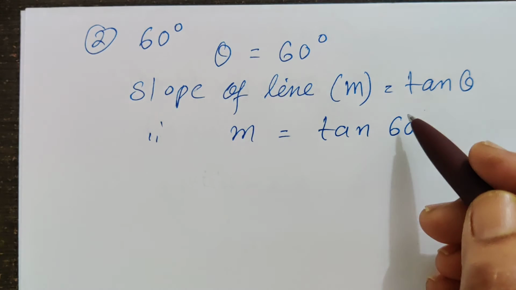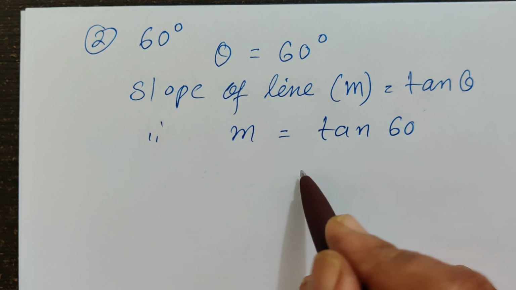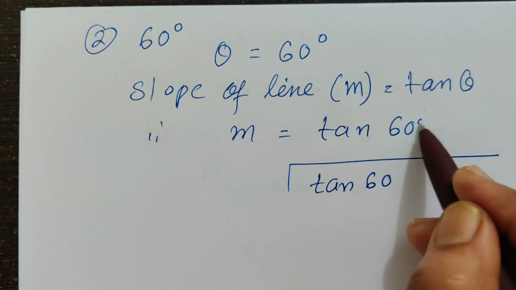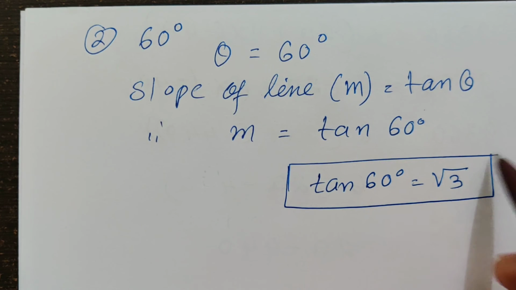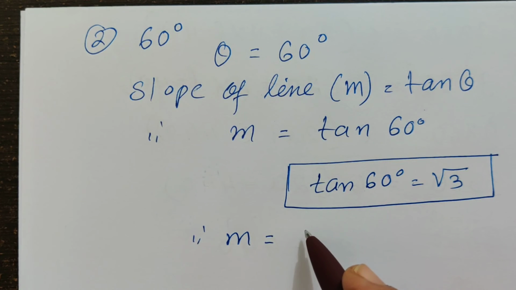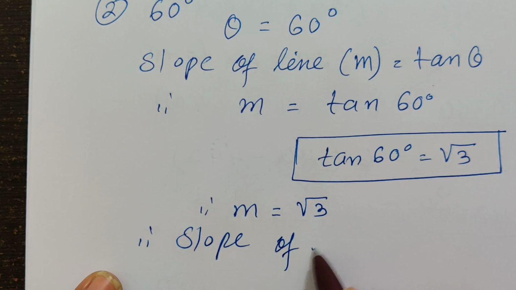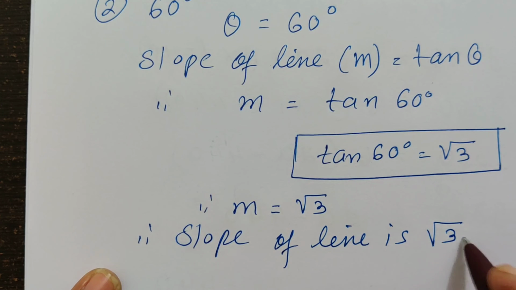And the value of tan 60 is root 3. And so the slope of the line is root 3. So M is equal to root 3. Means you can say slope of line is root 3.